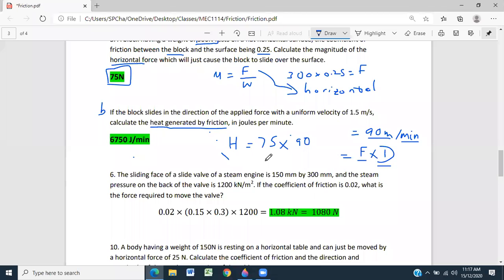This should give us 6,750 joules per minute.